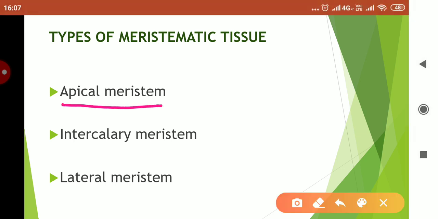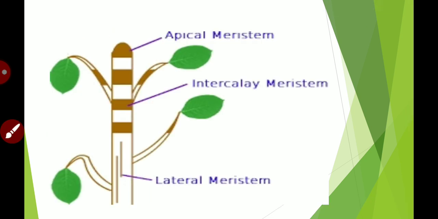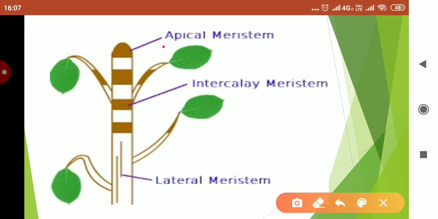The first one is the apical meristem, the second one is the intercalary meristem, and the third one is the lateral meristem. Now children, let us see the location. Now this apical meristem is present at the apex, at the tip. Therefore, they help in the growing of this part, or growth occurs from this part.